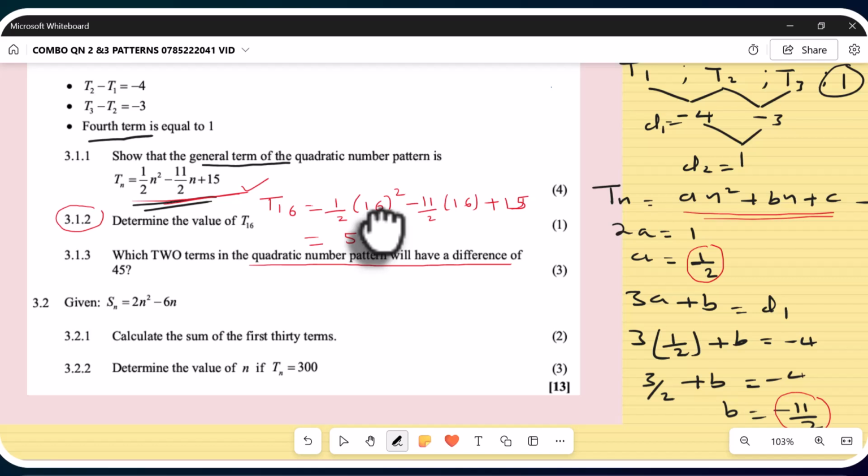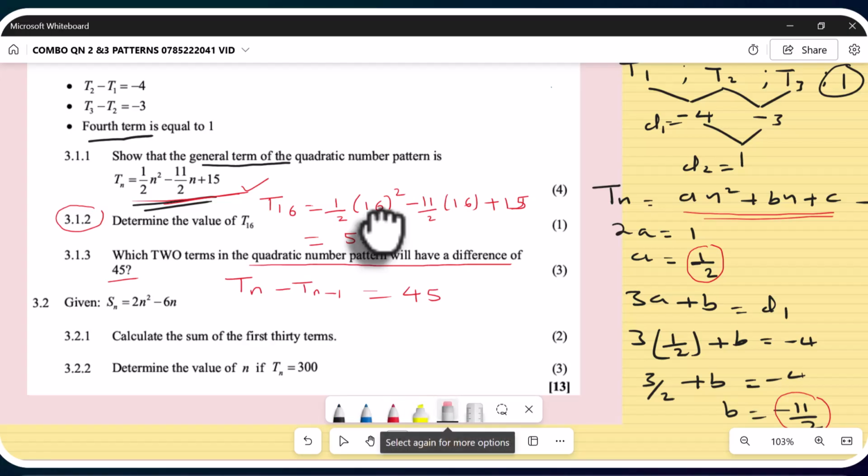Now that we have the general term, Tn equals half n squared minus 11 over 2n plus 15, we can subtract by putting in n and n minus 1, equating to 45 and then solving. But that one is going to be quite tedious.